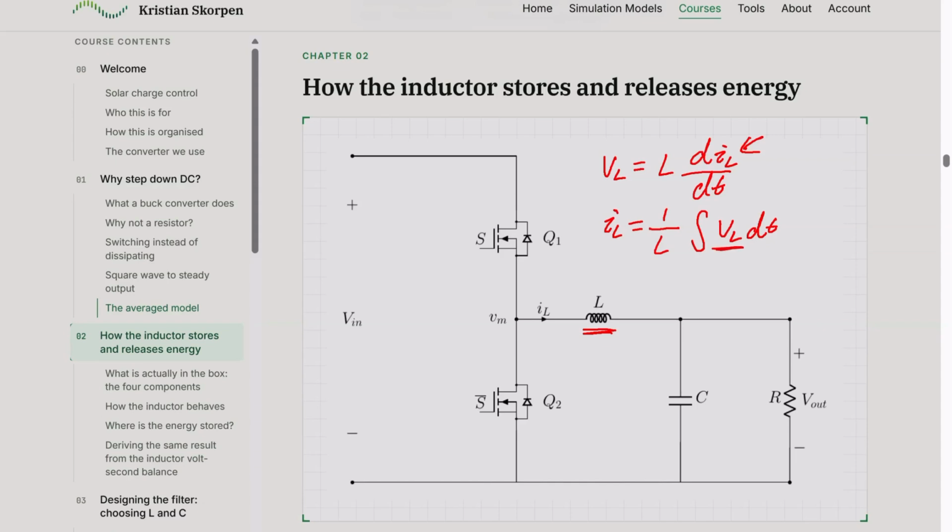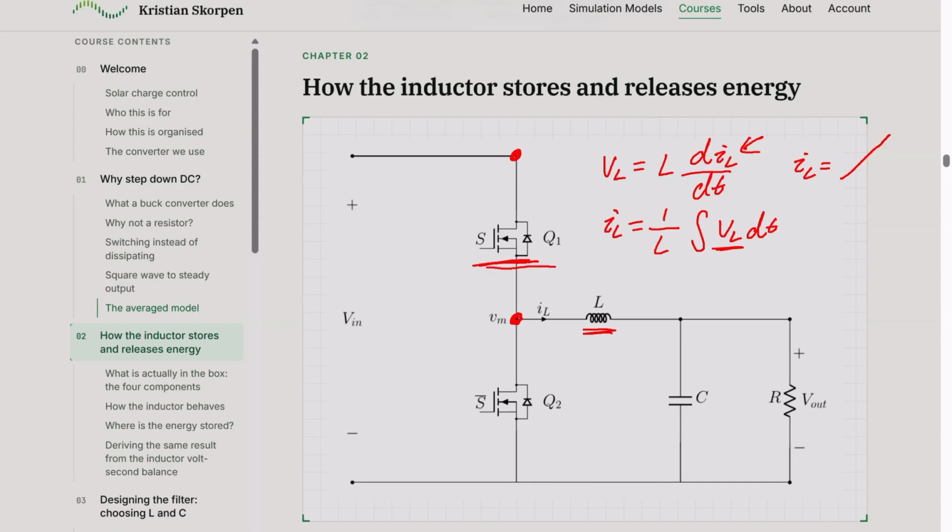In the case where the voltage is positive, we know that the current is rising. So basically what I'm saying is that when this switch is on, this voltage is equal to this voltage. So the voltage here is high, then the current inside the inductor will start to rise.